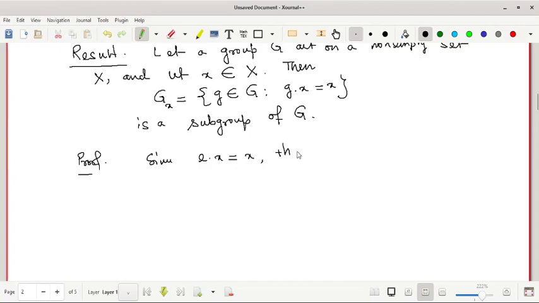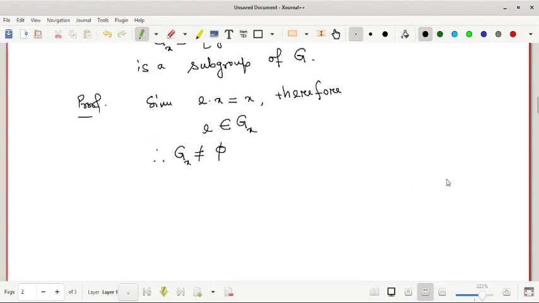Therefore, e belongs to G_x. e is identity. And therefore, G_x is non-empty. Correct?